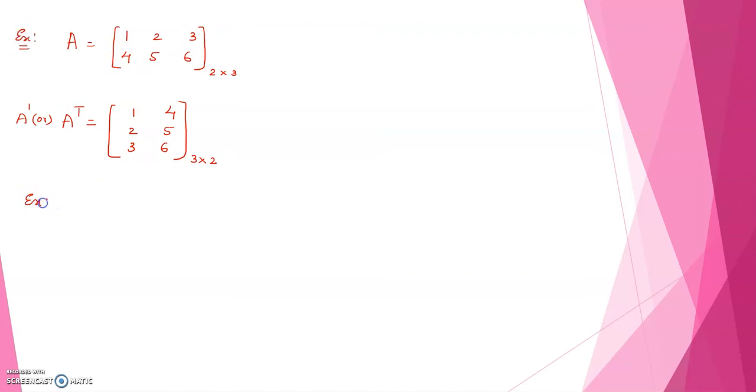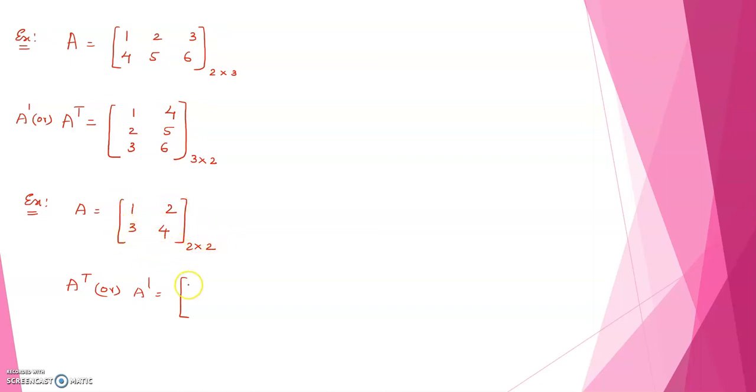The other example is the matrix can be of any order. Let us take a square matrix of order 2, 2 rows and 2 columns. 2 by 2 is the order of this matrix. You can write the transpose either as A power T or A dash. You just need to write the rows as columns or you write the columns as rows.